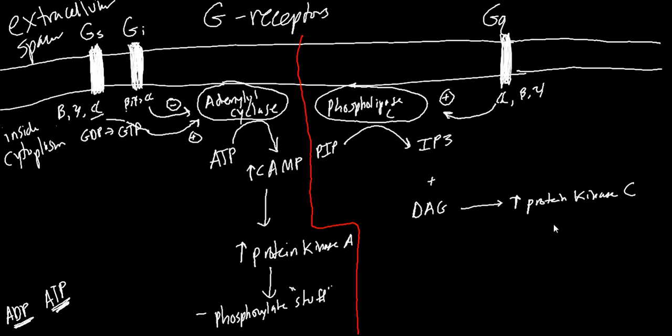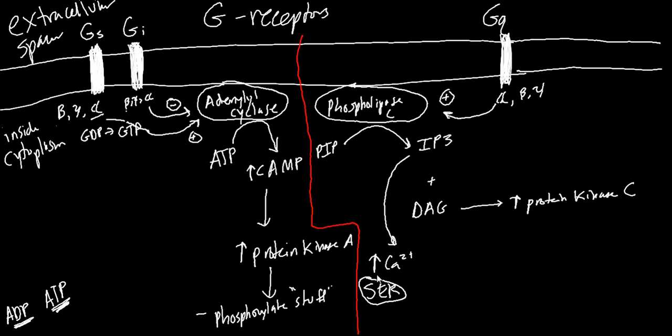You're saying to yourself, where have I heard that before? Protein kinase! Remember I said protein kinase is going to go off and phosphorylate stuff. This is going to go off and phosphorylate stuff. IP3, on the other hand, is going to increase calcium release. Calcium is going to be stored in your smooth endoplasmic reticulum in most cases.